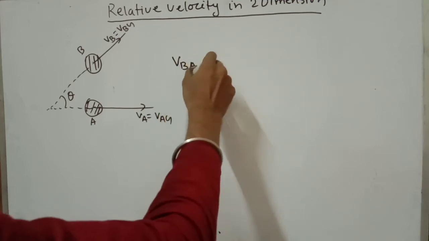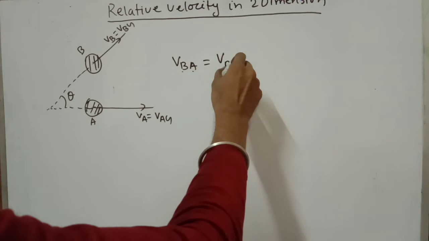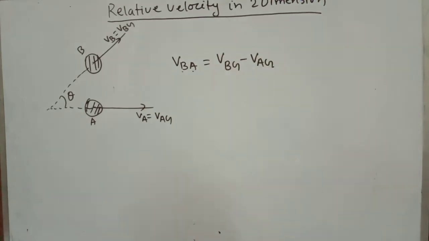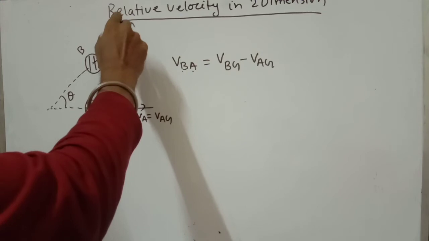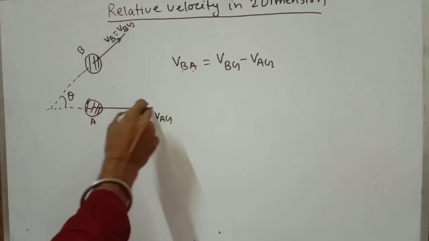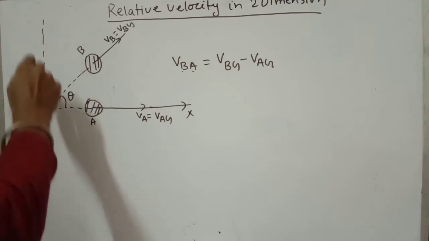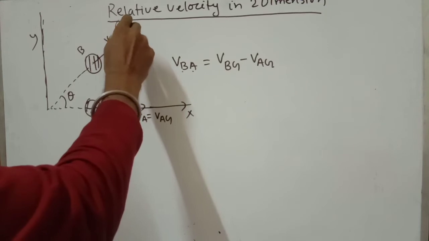We already know the velocity of B with respect to A can be written as velocity of B with respect to ground minus velocity of A with respect to ground. First I am going to break the velocity of B with respect to ground into components. We consider the x-axis, and here the y-axis.